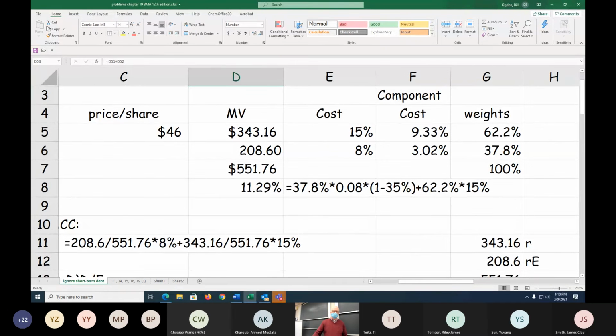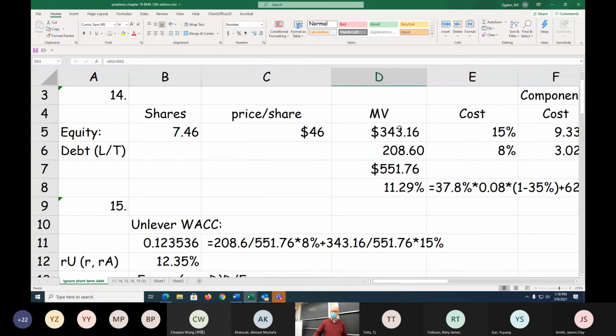So this is the market value of the shares. This is the long-term debt. This is the total capital. So we should have done, and we can work it out.